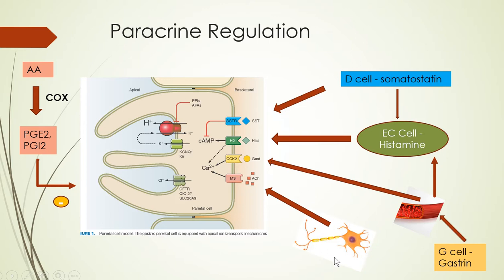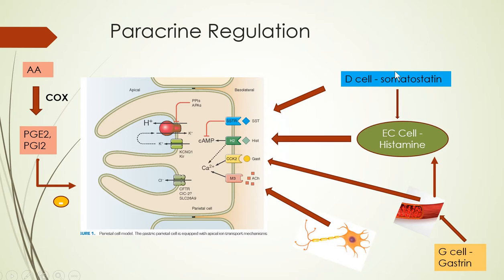Apart from that, there is the parasympathetic nerve, which is the vagus nerve. It secretes acetylcholine. Acetylcholine binds on the M3 receptor, muscarinic receptor type 3, present on parietal cells, and again it stimulates acid secretion. Now what can inhibit that? These are all about what stimulates acid secretion: enterochromaffin cells, G cells, and parasympathetic stimulation.